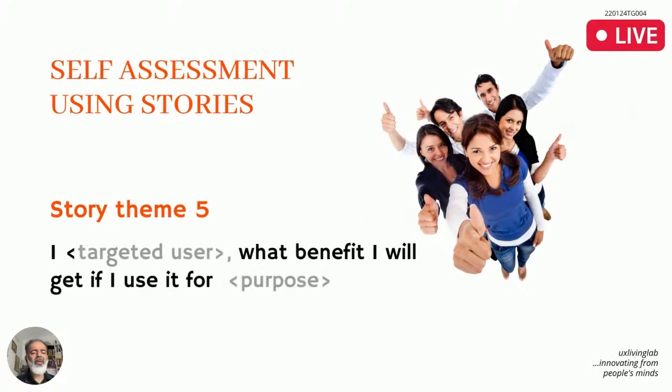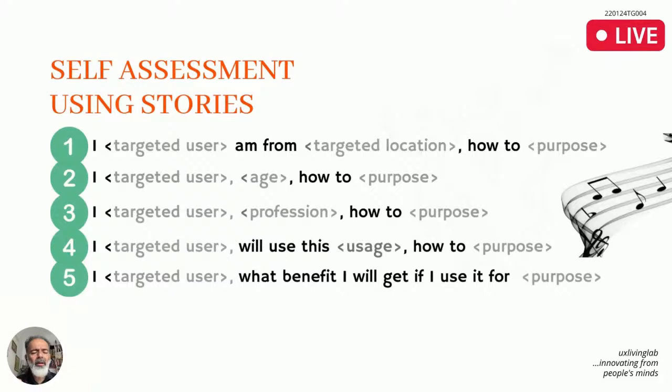So another story theme is what benefits I will get if I use it. For example, I'm Thomas. What benefits will I get if I use it for my social media automation? So this is a different way of creating story themes, and you put these story themes in front of you and create stories.